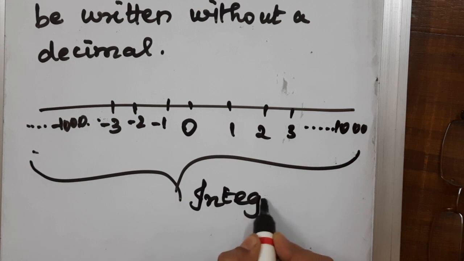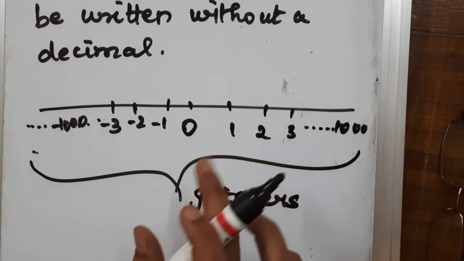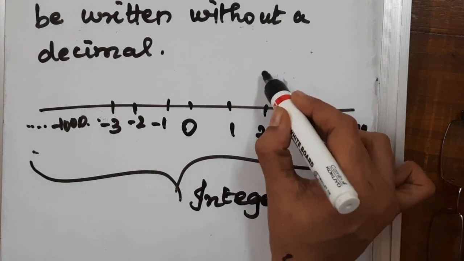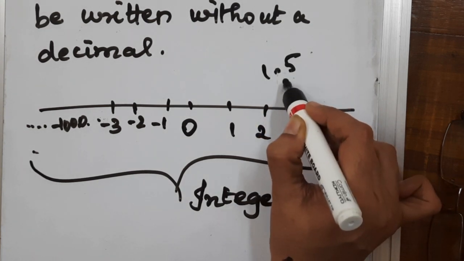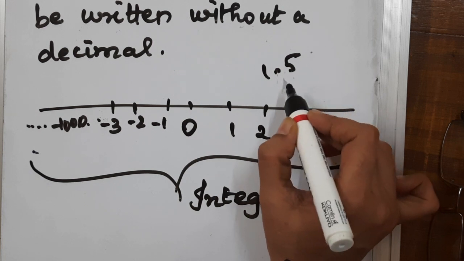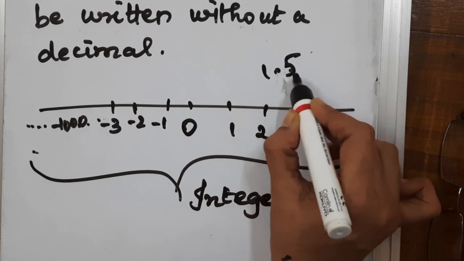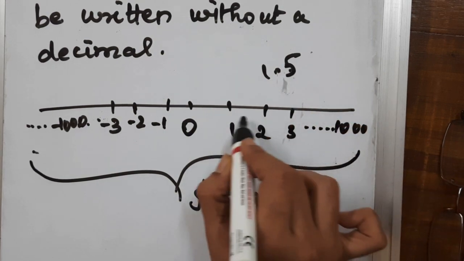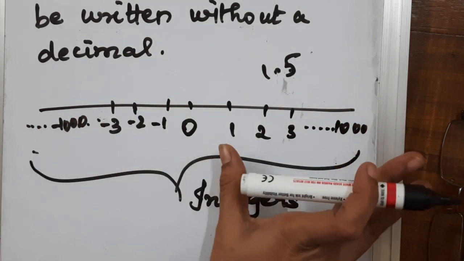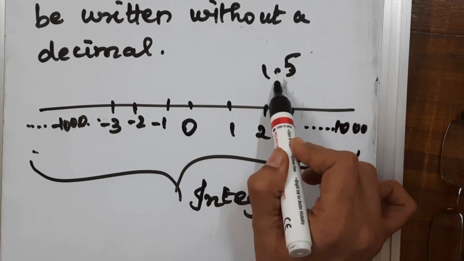Integers are numbers that don't have any fractional part or decimal part. Like 1.5 has a decimal, so we will not say this is an integer, though it lies on this number line.